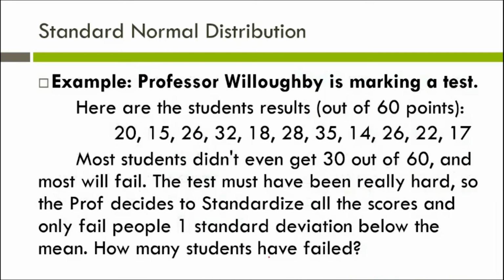Okay, then the question will be how many of them will fail? So what should we do to solve this? The first thing is, again, calculate the mean. Remember, when standardizing, these values should be present: the mean and the standard deviation.